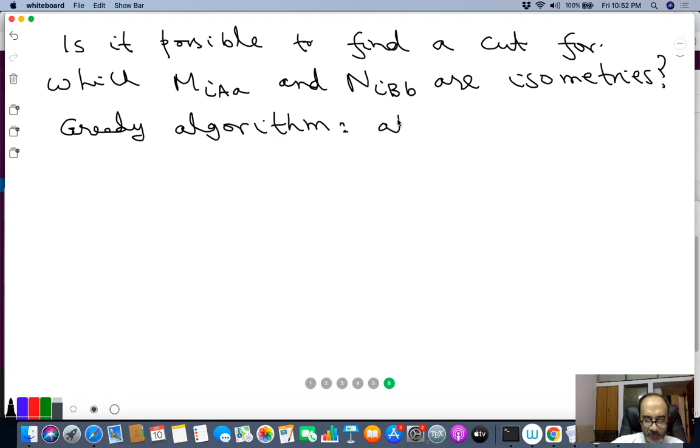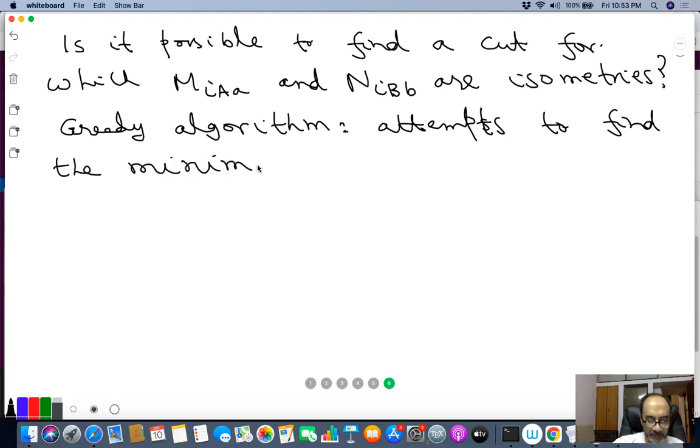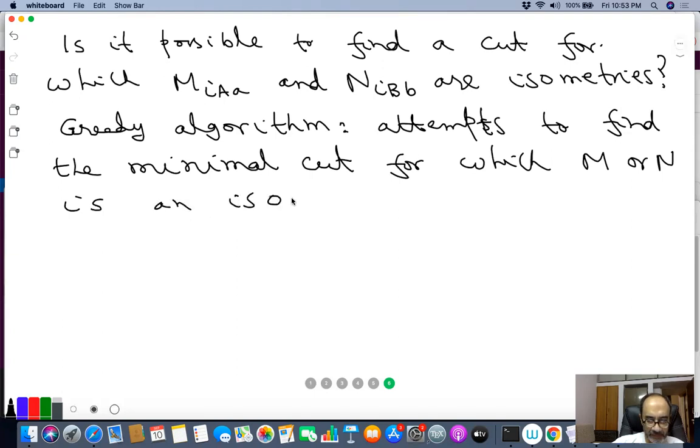This basically attempts to find the minimal cut for which M or N is an isometry. So notice that it's "or", and I'll explain why this is.